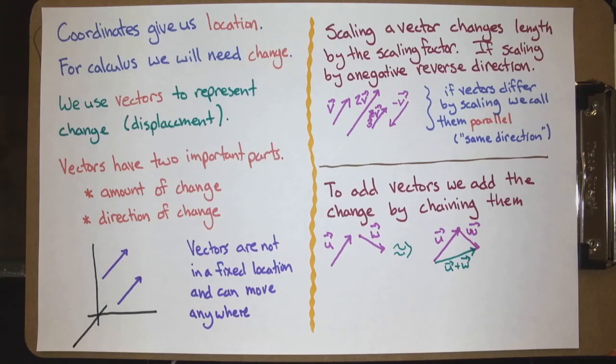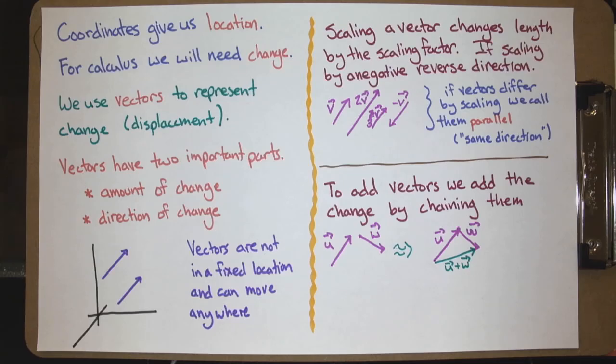So ultimately, when we go to vectors, there will be times when we say, we're looking for a vector. Let's break it down into two things we need to know. One important thing is the amount of change that occurred. And if you're thinking about moving between two points, it's the distance between those two points. The other thing is the direction of change that occurred. So which way did you go?